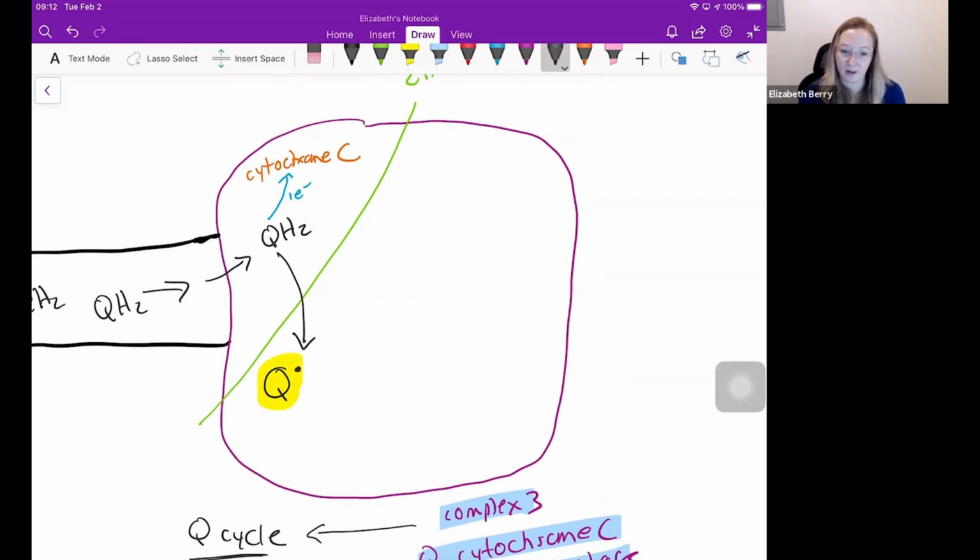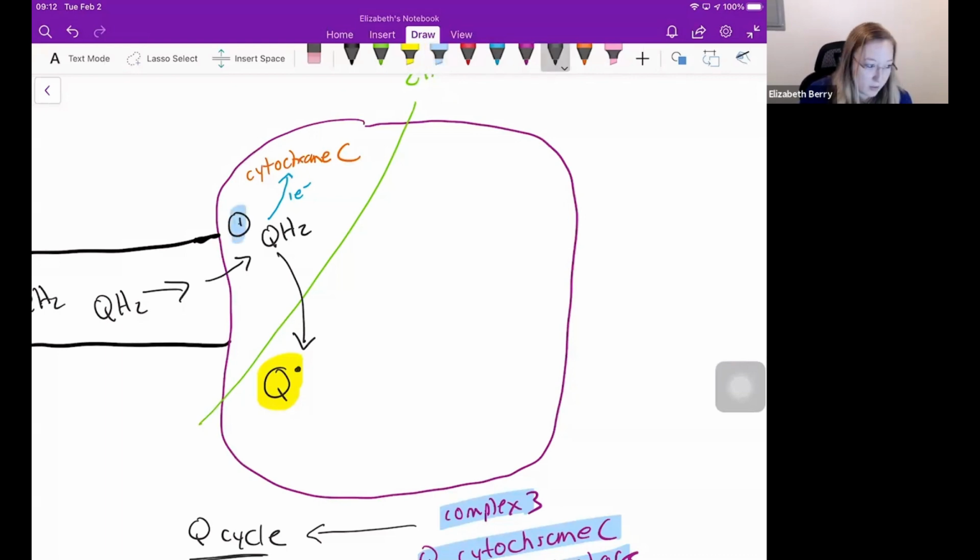So it's an endless cycle basically, and you need to provide enough reduced coenzyme Q to prevent the radical from being around for a long period of time, because the longer it's around, the more damage it can do to your cells. So this is the first coenzyme Q we use, right?